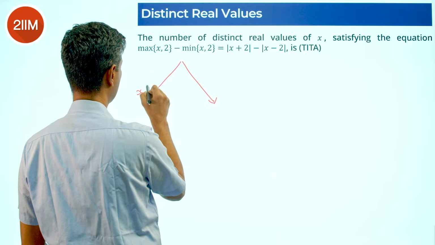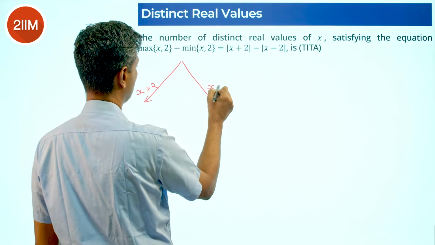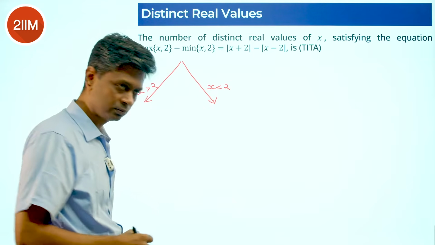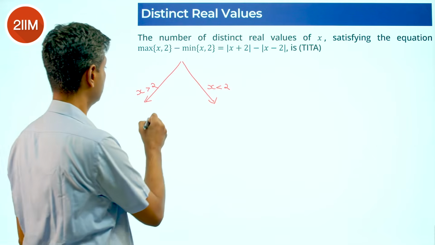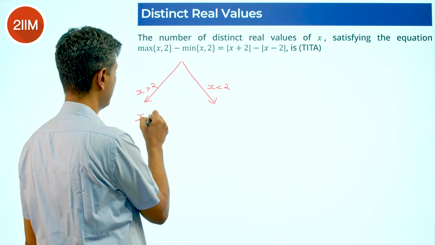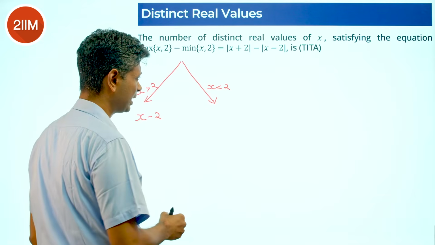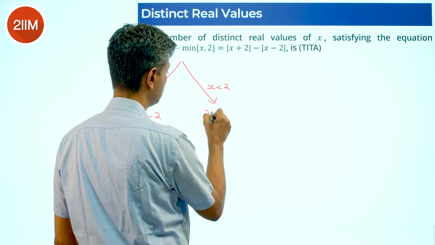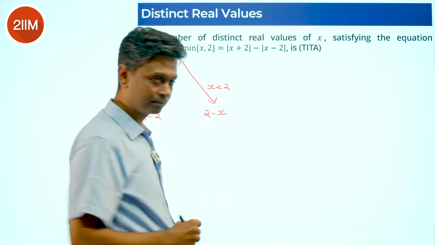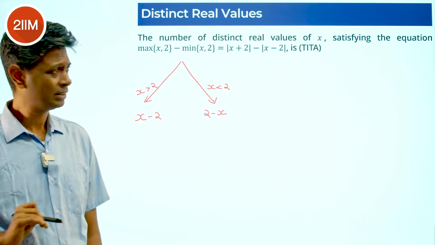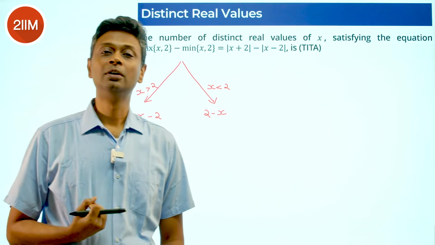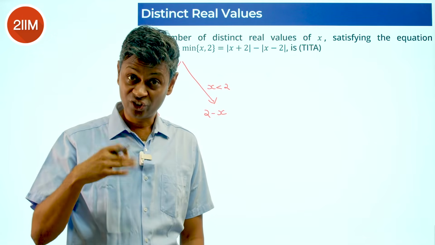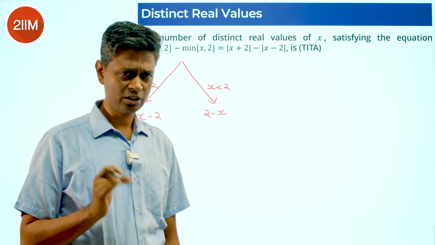If x were greater than 2, maximum is x, minimum is 2. If x were less than 2, maximum is 2, minimum is x. Nice. So it's either x minus 2 or 2 minus x, depending on whether x is higher or 2 is higher.